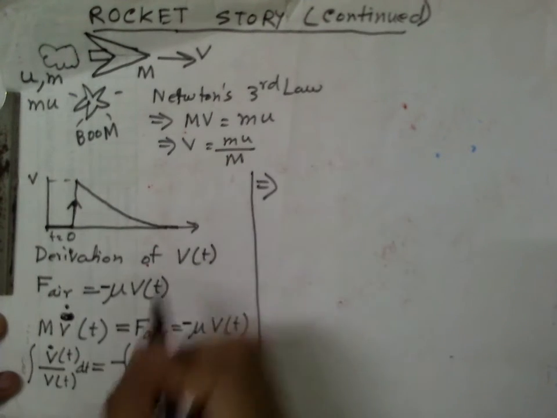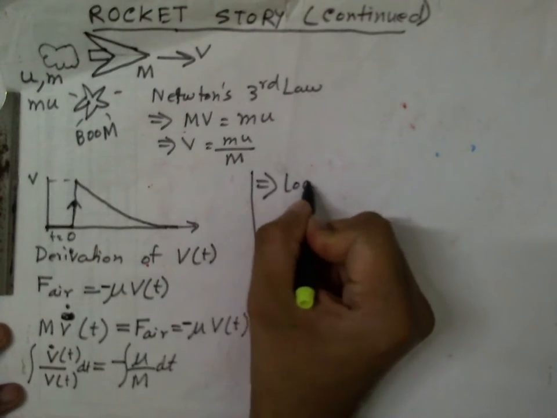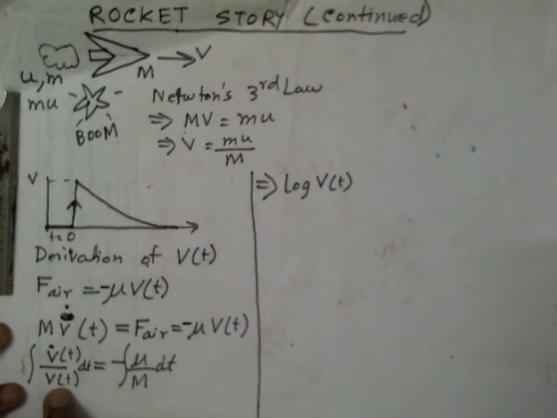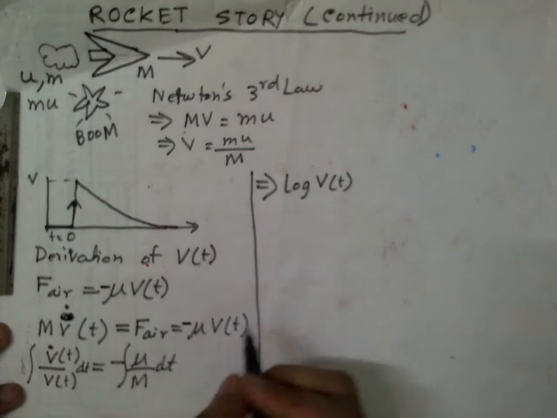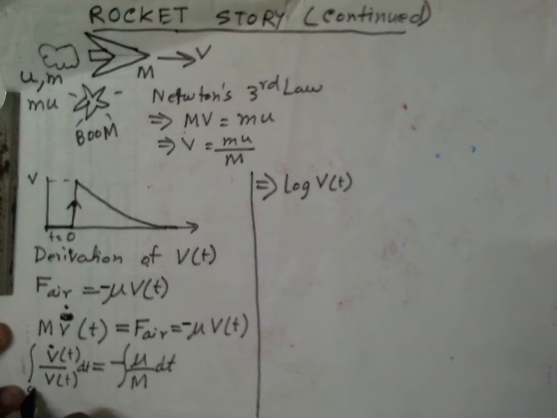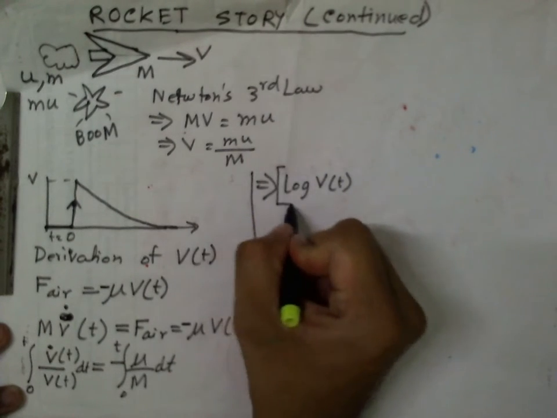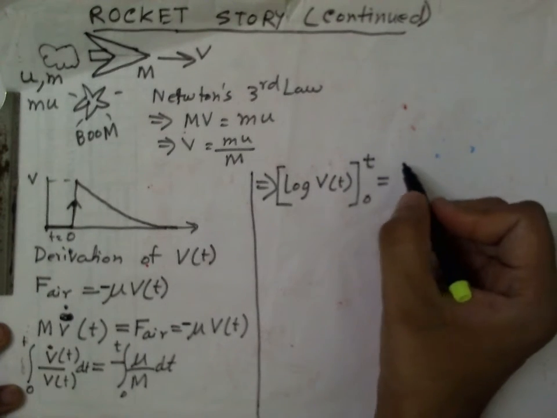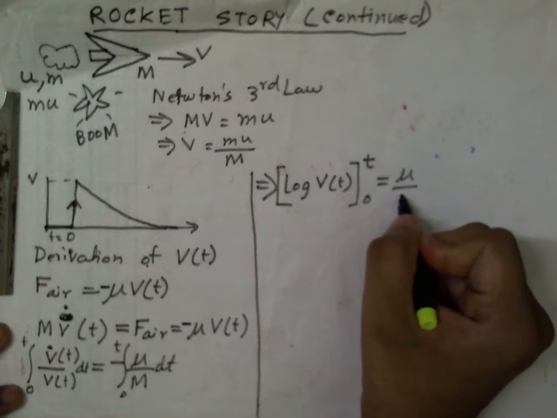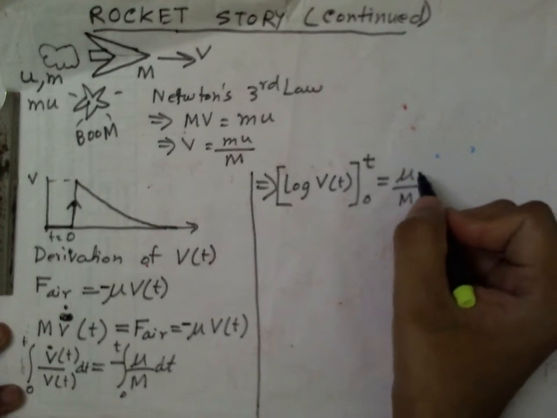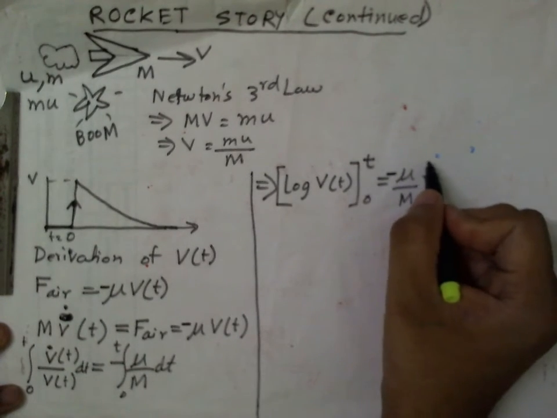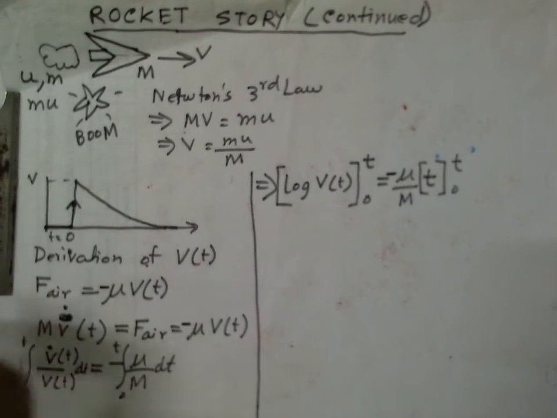Log of v(t) is the integration of v dot by v, and if I do this integration from 0 to t, then the right-hand side is a constant, so this will be minus mu by M times t integrated from 0 to t.